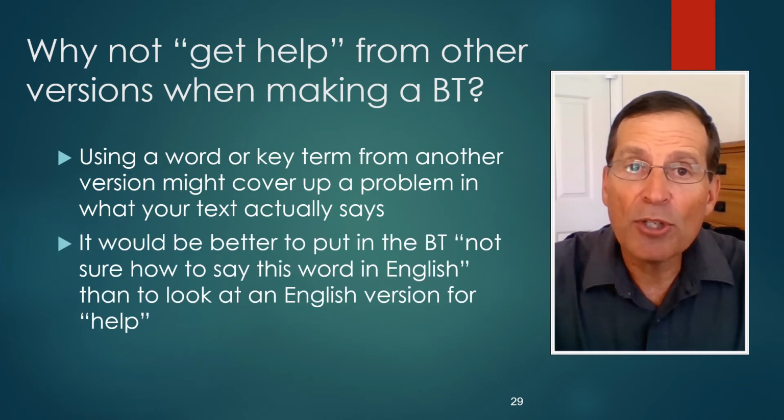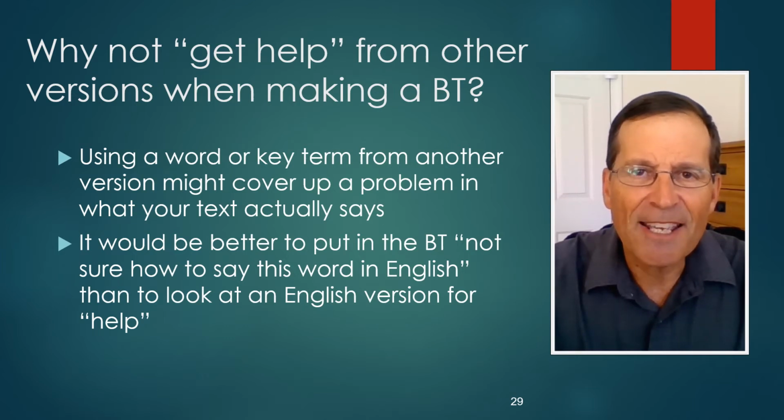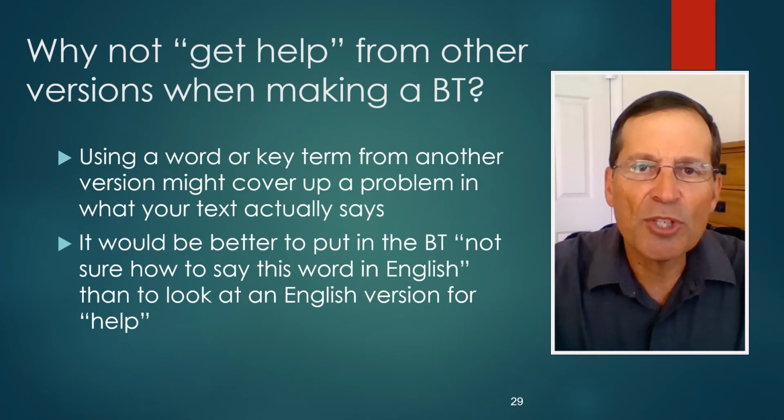It would be better to put in the back translation, "Not sure how to say this word in English," than to look at an English version for help. So once again, the most important principle, make sure all other versions are closed when you make your back translation.